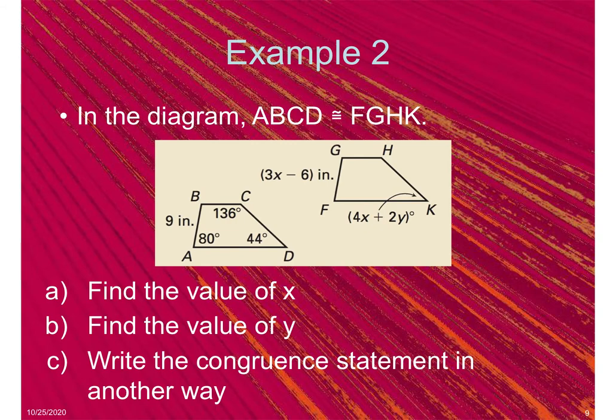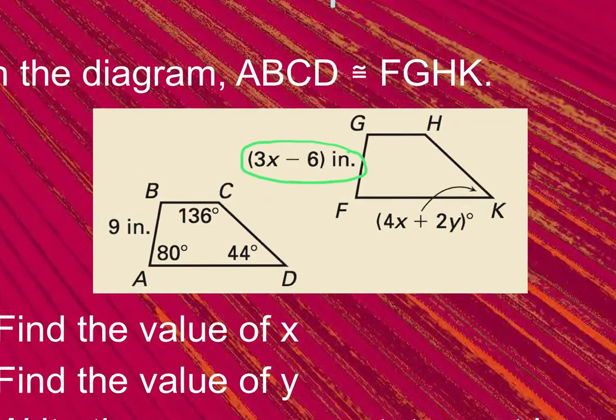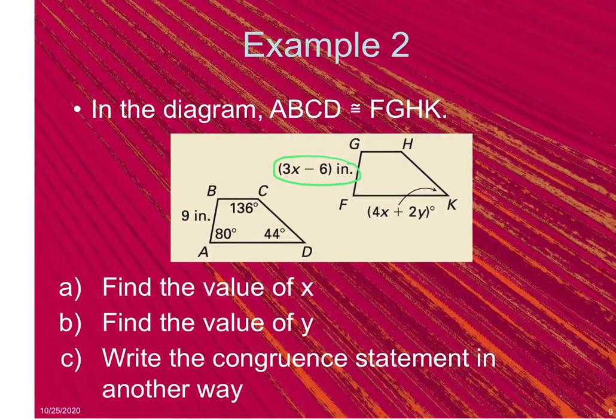Example 2. In the diagram, ABCD is congruent to FGHK. Notice the order. Find the value of x. Well, let's find x in our diagram. x exists right here. It also happens down here, right? But that includes a y, so we don't want to deal with that one yet. We want to deal with the x, and then we'll figure out the y later.